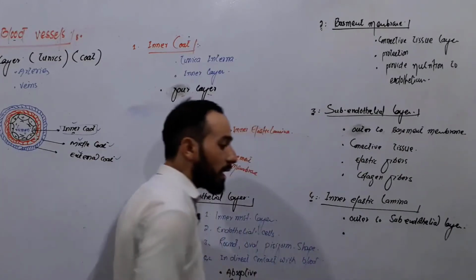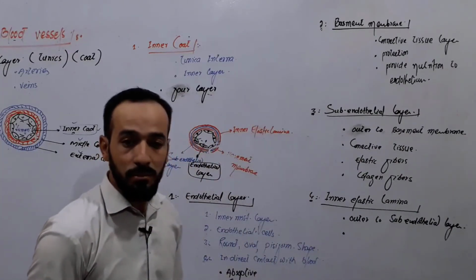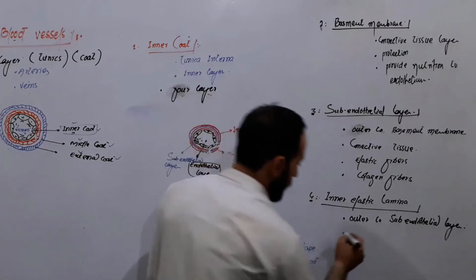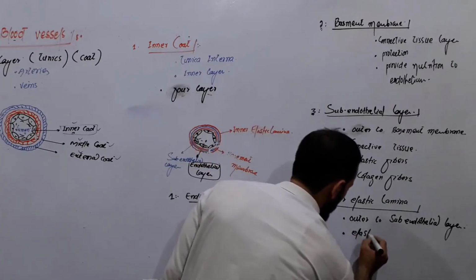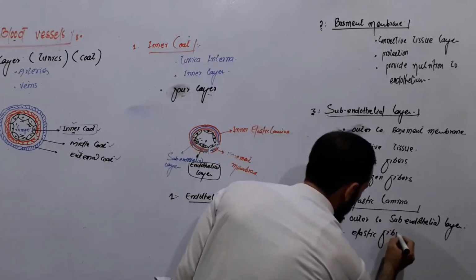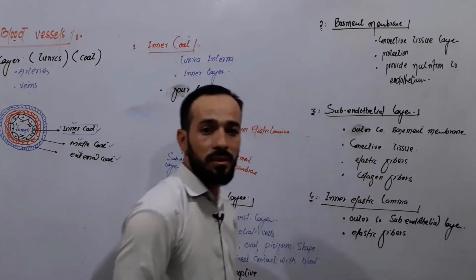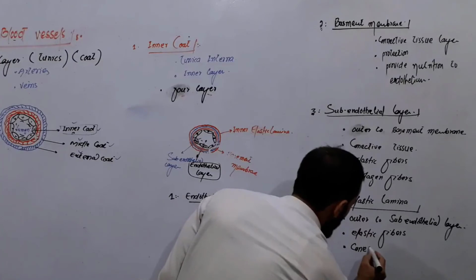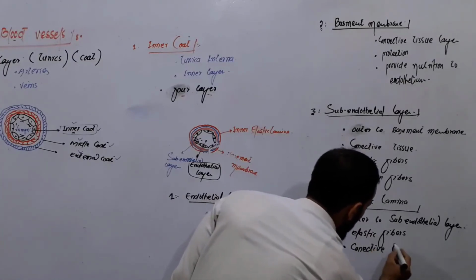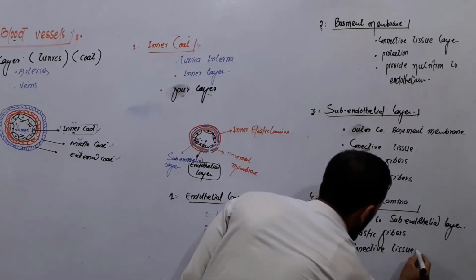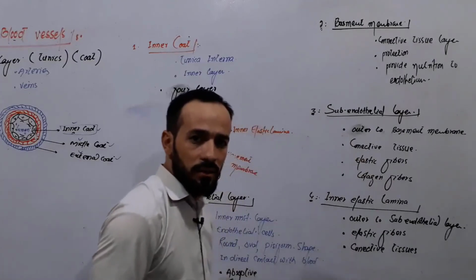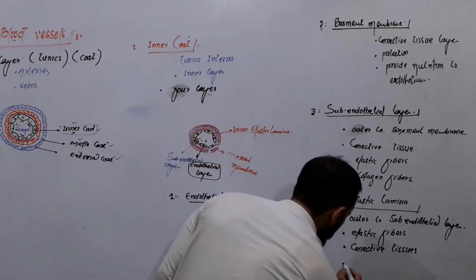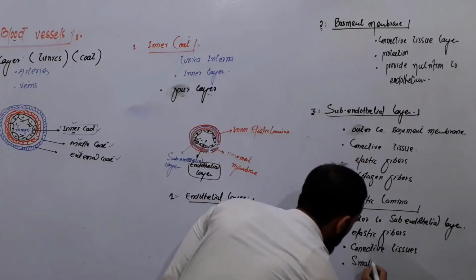What is its composition? It is made up of some elastic fibers and some other connective tissues. And the most important thing about this layer is that it has some small openings.